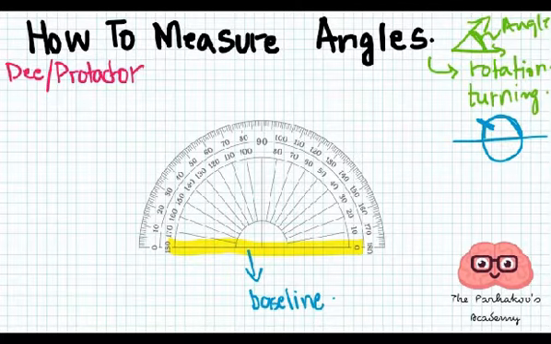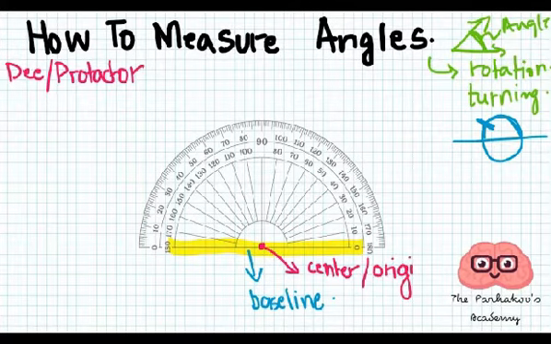So this is the baseline. The second thing is you can see this 90-degree angle and this baseline intersects at a point, and this point is basically center of this circle or center of this protector. So this is the center. You can also name it origin. So this is where you keep the corner.